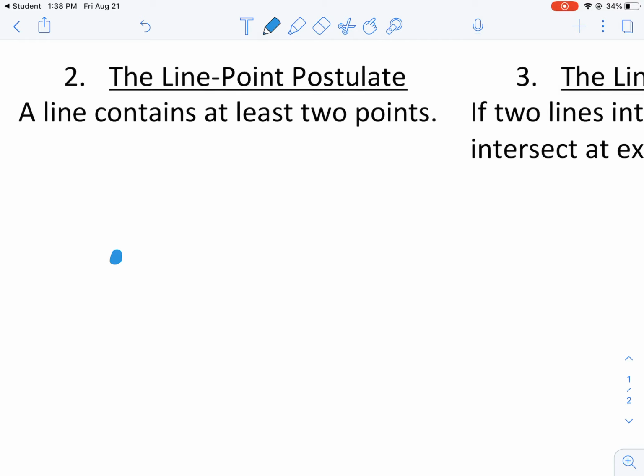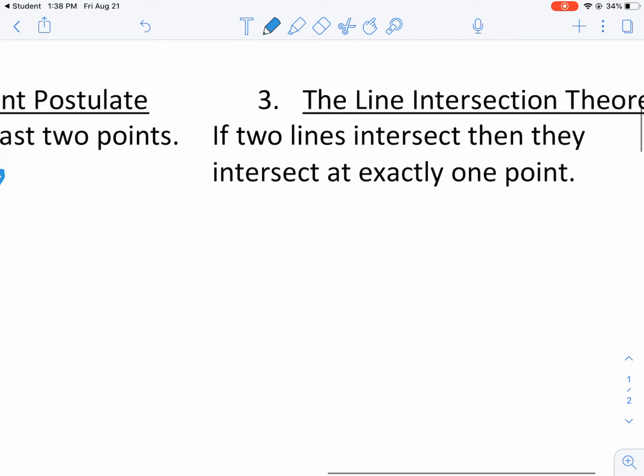No. Okay, it has no dimension, right? Remember, a point has no dimension. A line has 1 dimension. So this isn't a line, it's just a point. In order to make a line, you have to have that second point. That second point is going to give us our length. So this must be true.